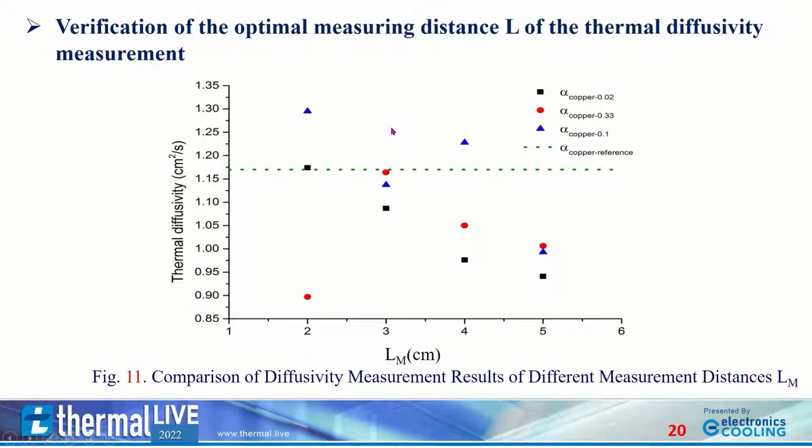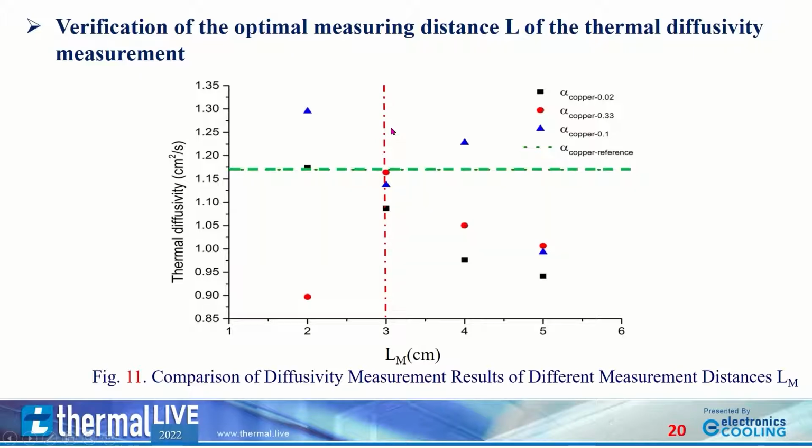Figure 11 is the measurement result of the diffusivity at different measurement distances LM. There are 3 kinds of copper test pieces with different thickness to width ratios, and the RBUS copper reference is the standard thermal diffusivity value of the copper test sample, the green dotted line. The experiment measures the thermal diffusivity at different measuring distances.